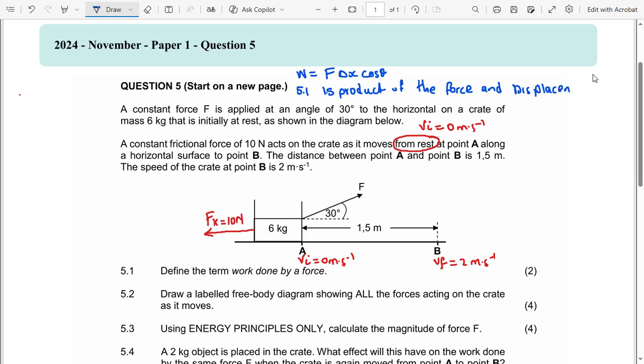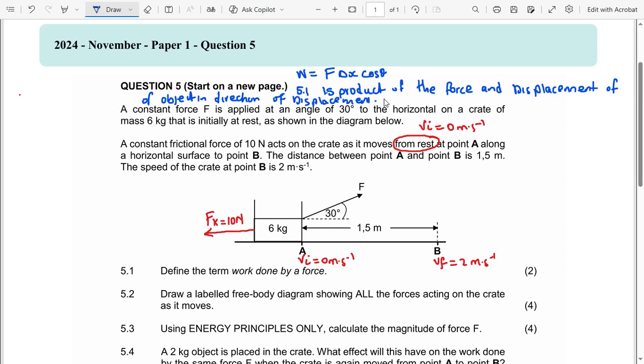Okay, the product of the force and displacement of the object in the direction of displacement.